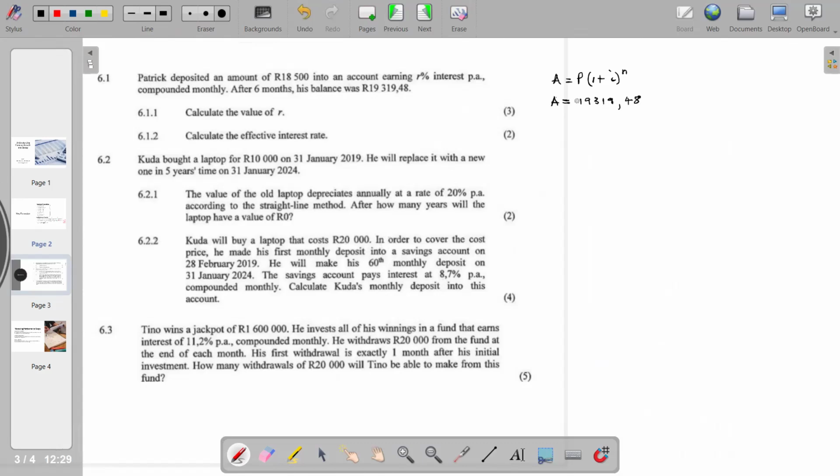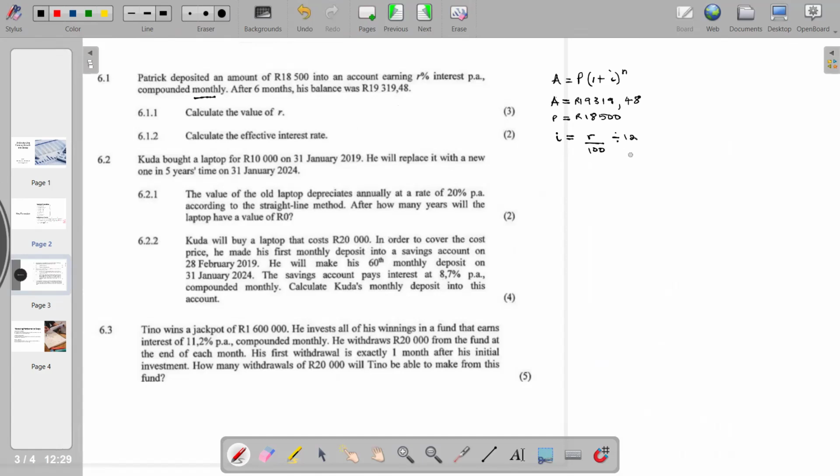So our A will be equal to 19,319.48. Then we have P, which is the initial investment, 18,500. Then we have our i. Our i is going to be equal to that R. They said R%, so it means R over 100, divided by 12, because we are told it's being compounded monthly.